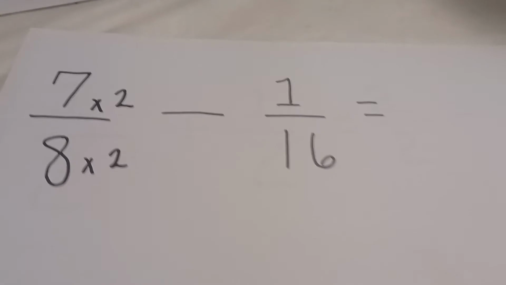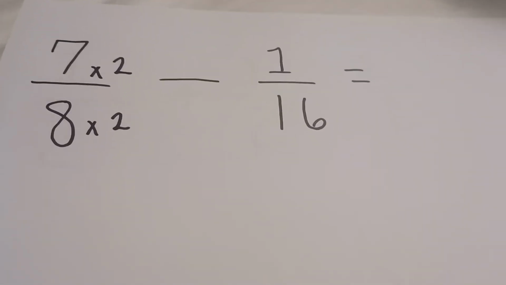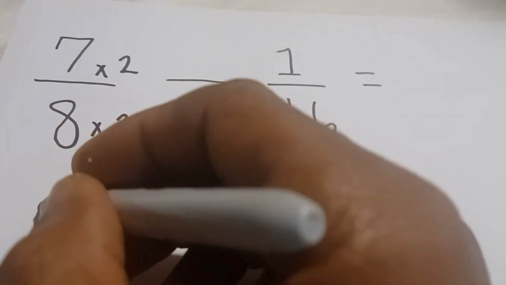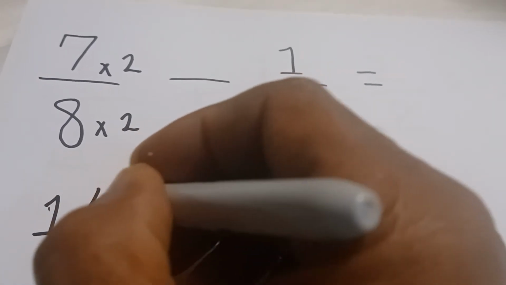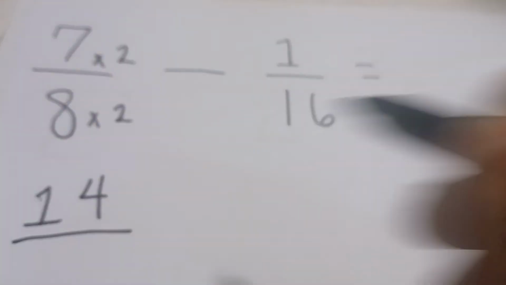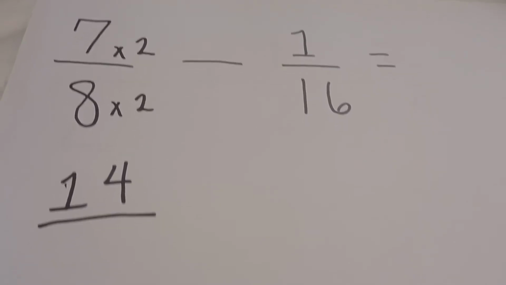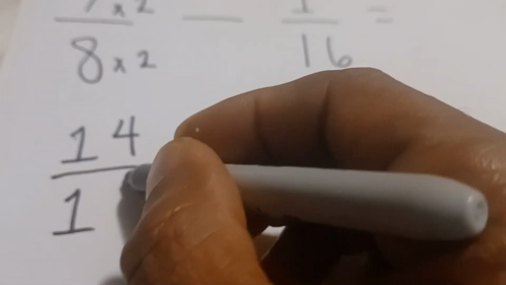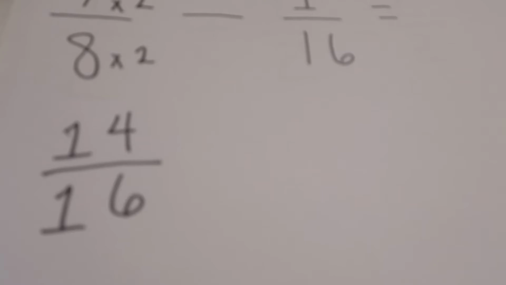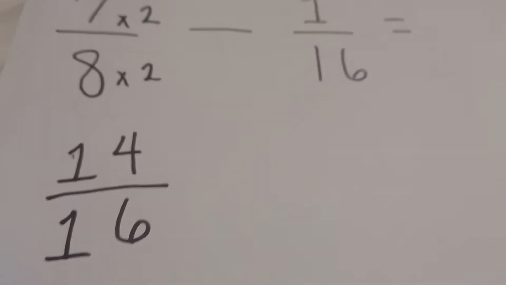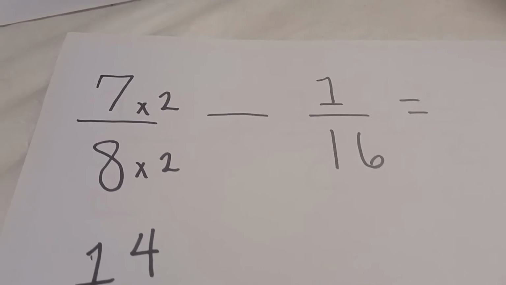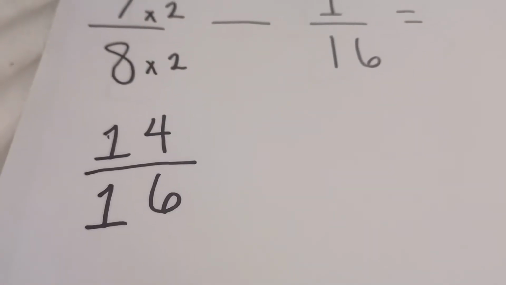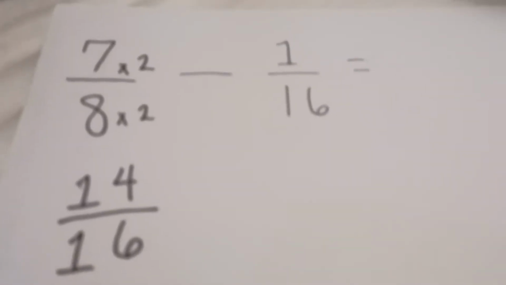Let's write our problem over. 7 times 2 gives us 14. 8 times 2 gives us the 16 that we need. So now we have an equivalent fraction: 7/8 is equivalent to 14/16.